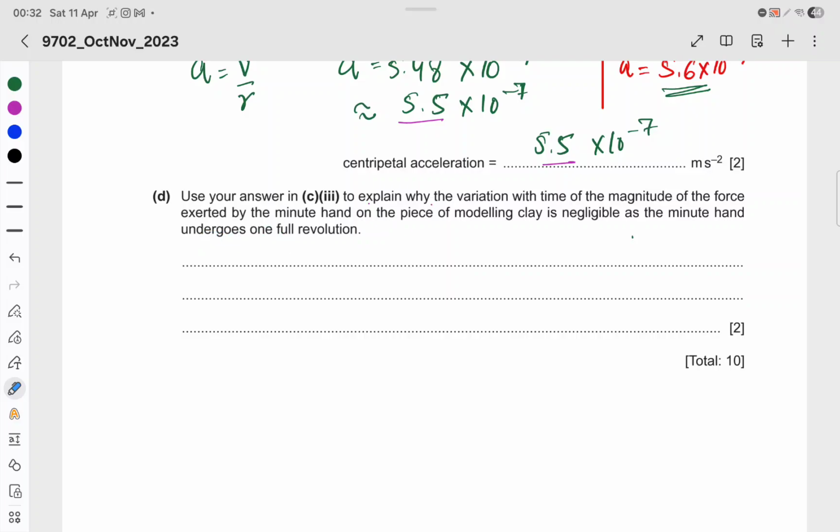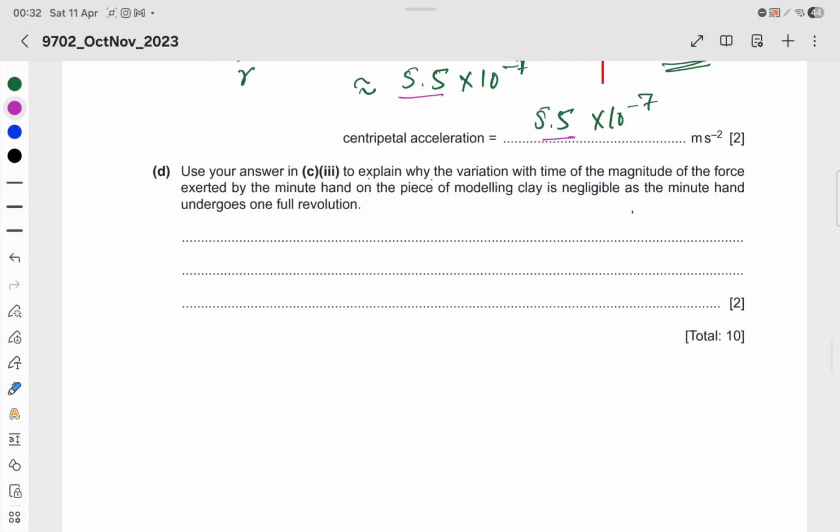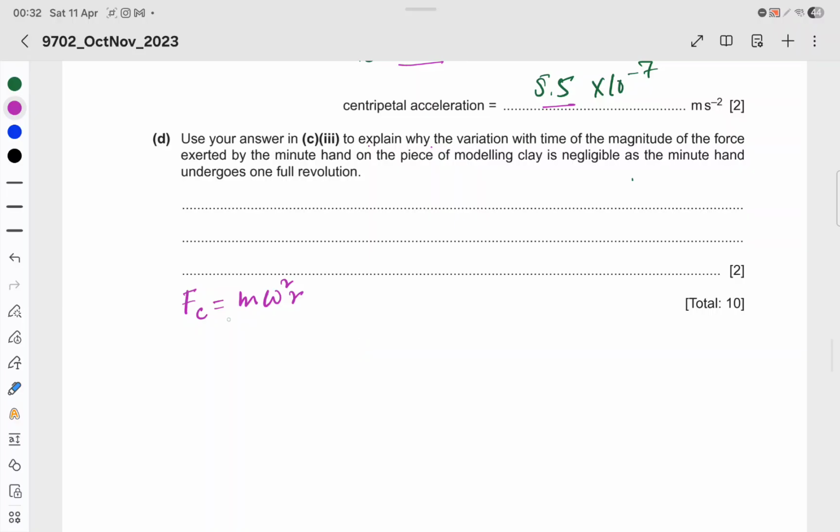Now, what we need to understand first, we know the centripetal force formula, which is m omega square r, right? Or in other words, m L omega squared. So L is fixed, right?